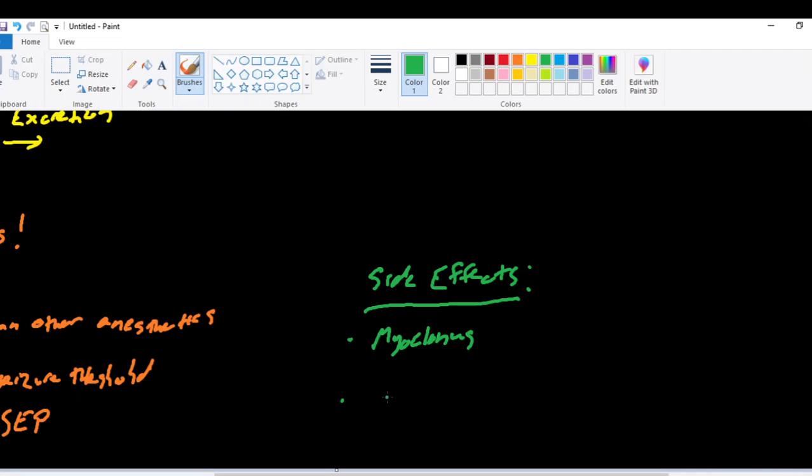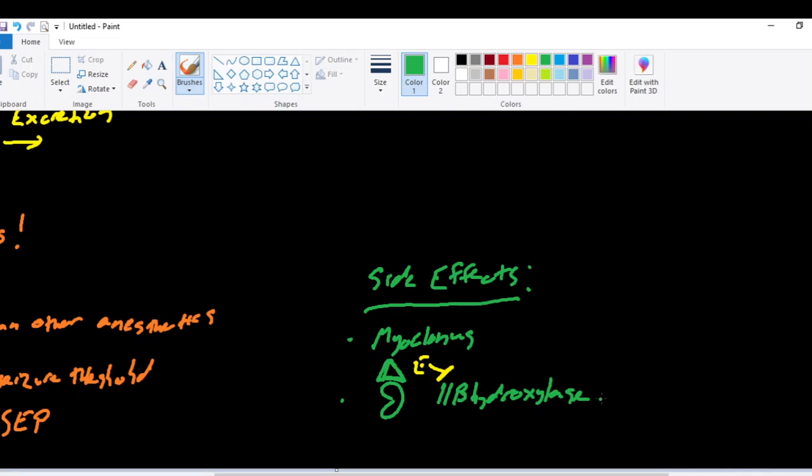One of the other side effects of etomidate is its effect on the endocrine system. I'm going to draw my kidney here. This is going to be my adrenal gland. And what etomidate does is it inhibits 11-beta hydroxylase. I'm going to draw my E here, inhibiting that.